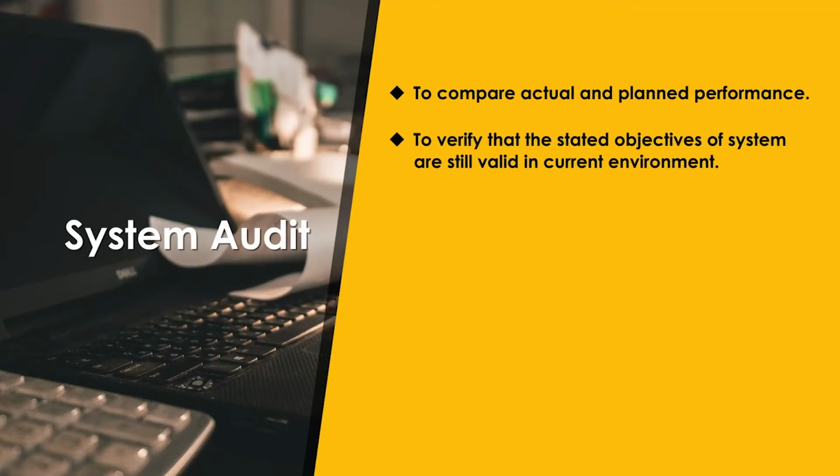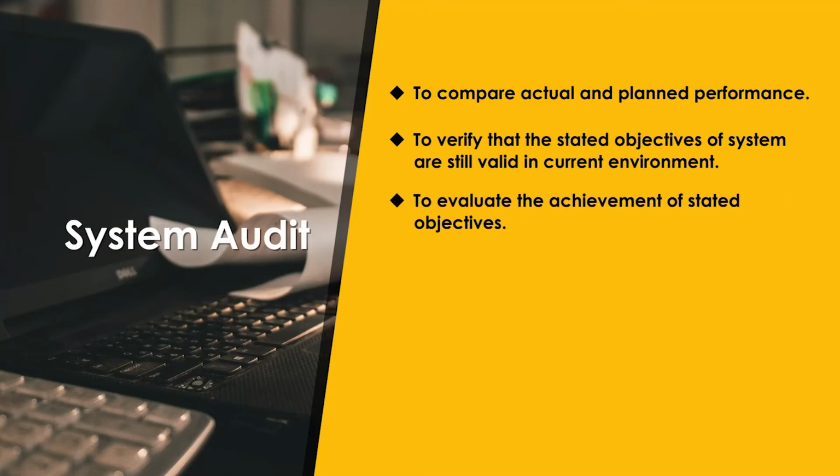To verify that the stated objectives of the system are still valid in the current environment. Suppose a system is 5 years old and meanwhile there are several changes or modifications, new things added to the system, so we sometimes have to once again verify whether the objectives that were stated earlier are still valid till now or not.